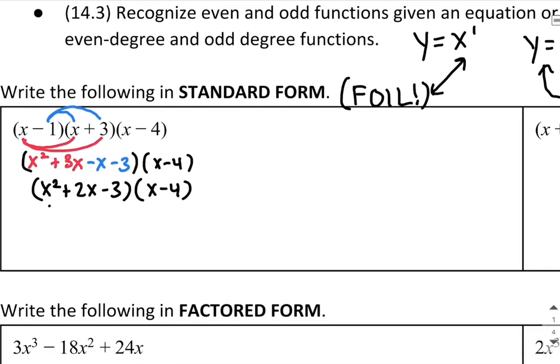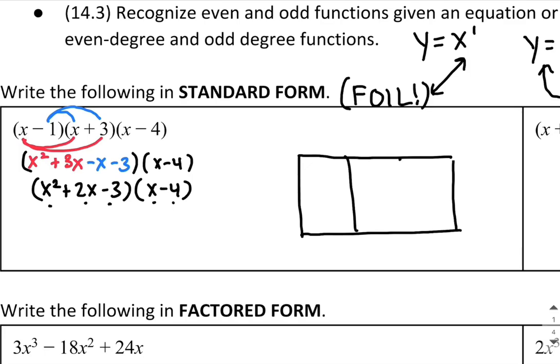All right, now I have three terms multiplied by two terms. I want to make sure I don't forget anything. This is a lot of terms to be multiplying together. So I'm going to make the area box, and I'm going to make it 3 by 2.